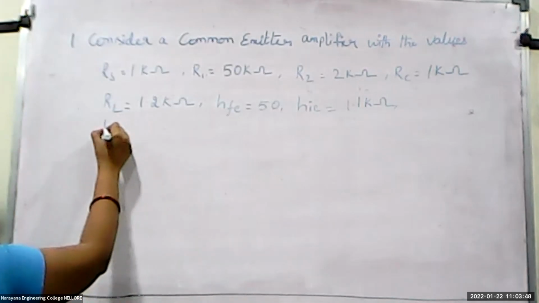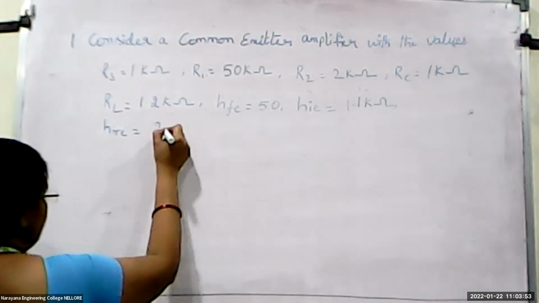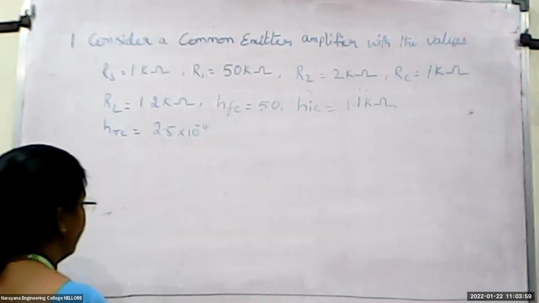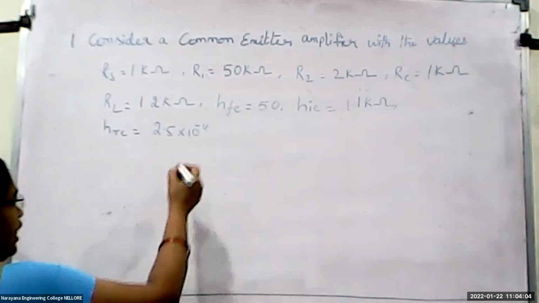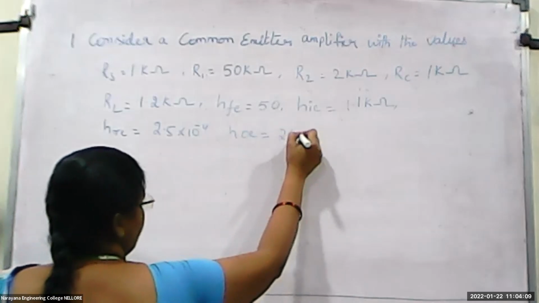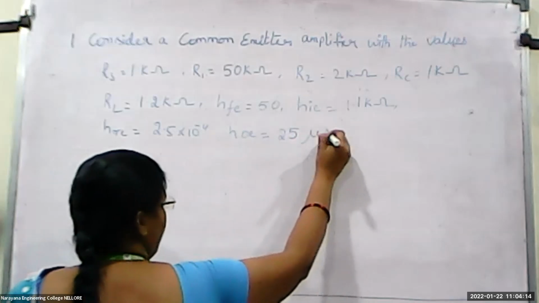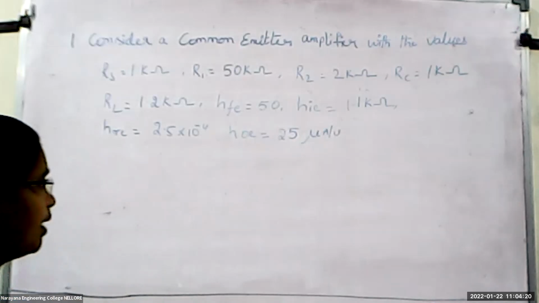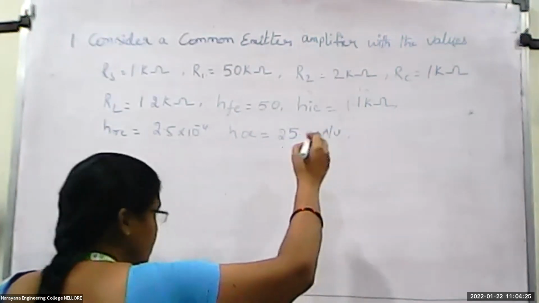HRE is equal to 2.5 into 10 to the power of -4. HOE is 25 microampere per volt. So Siemens also can be represented in terms of amperes per volt. 25 microampere per volt.